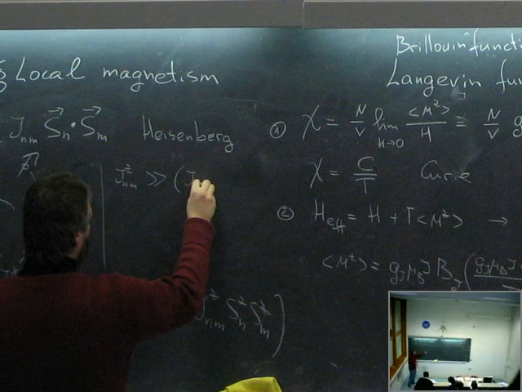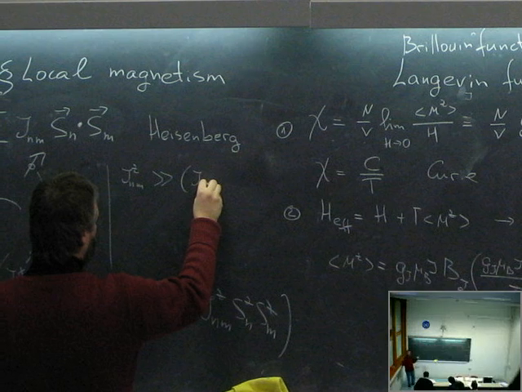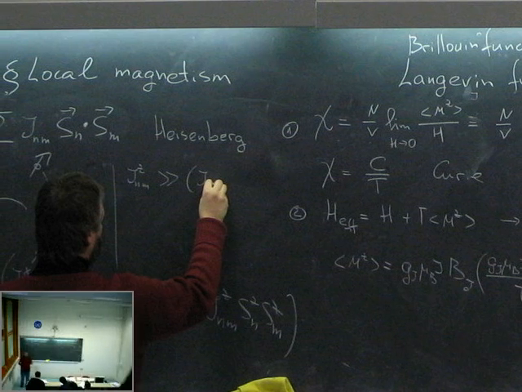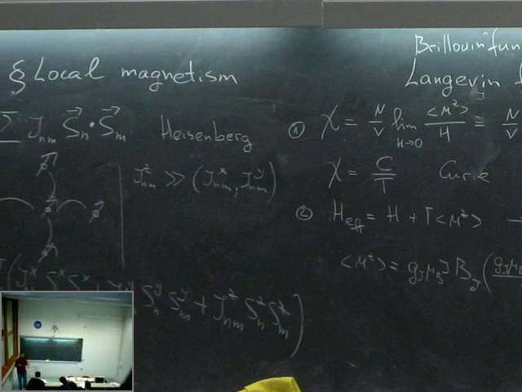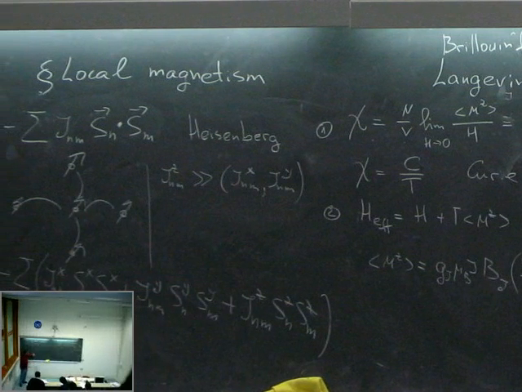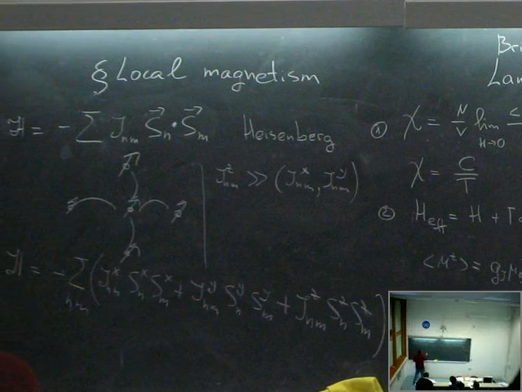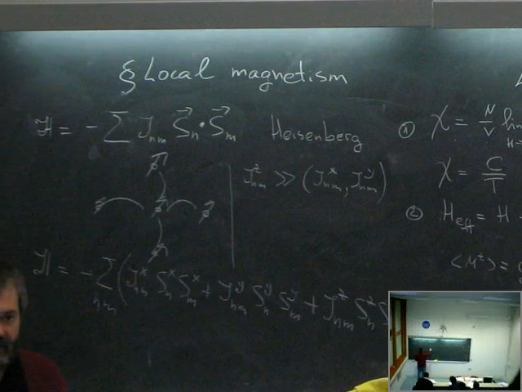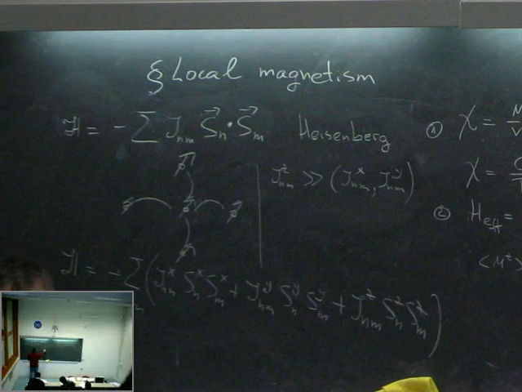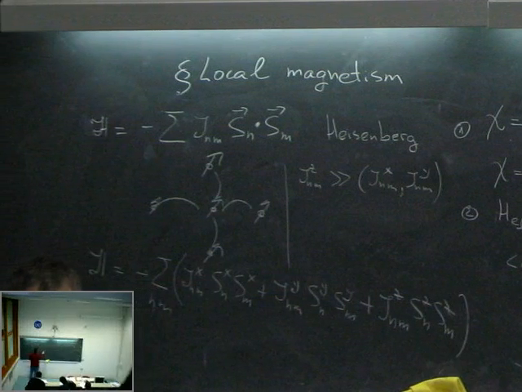Because the z axis of magnetization is the so-called easy axis. It's a preferable direction of magnetization, like in the Ising model. Although the two other components still talk to each other. So this is the easy axis model.